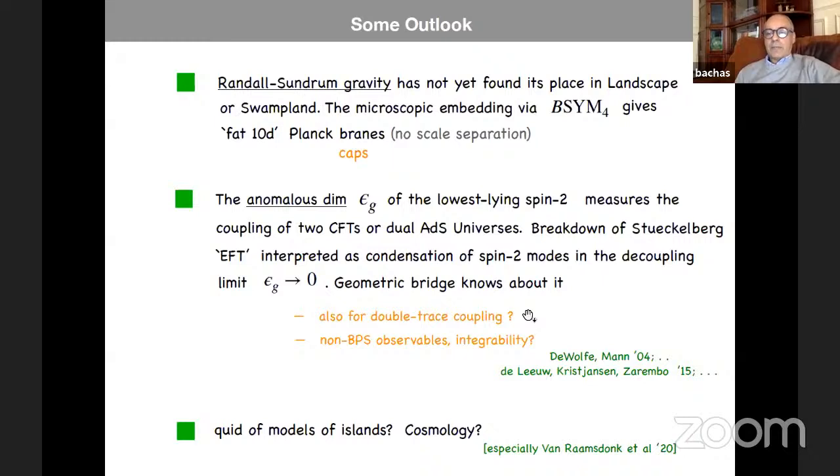Should the limit be singular? And should we see some condensing tower, since the effective field theory argument doesn't care about how you couple the 2 universes? And I think only if integrability comes in can we probably really answer this question, because these are non-BPS observables.